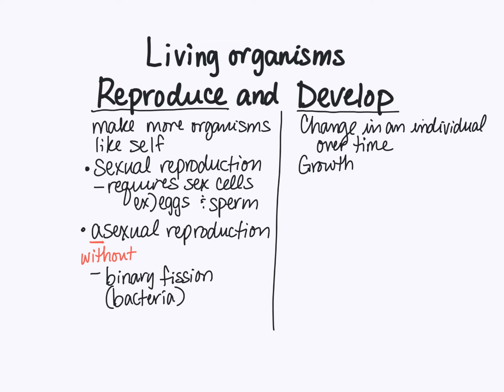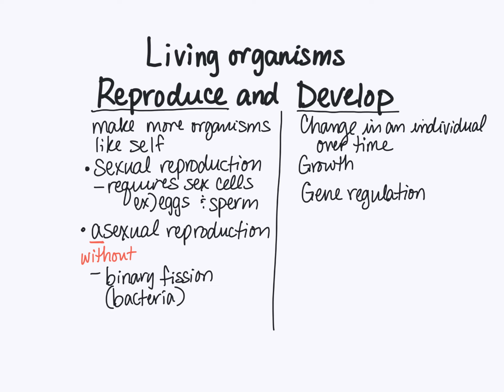And the concept or the driving force behind development is actually gene regulation. And we'll talk about that much later in the course. But basically, you have different genes that get turned on and off during development. And which genes are on and which ones are off determines ultimately what you develop into.